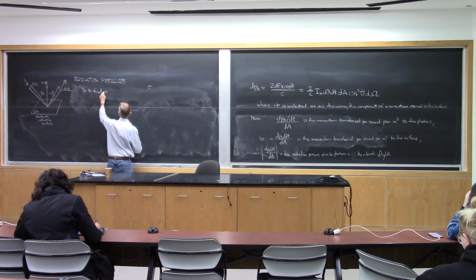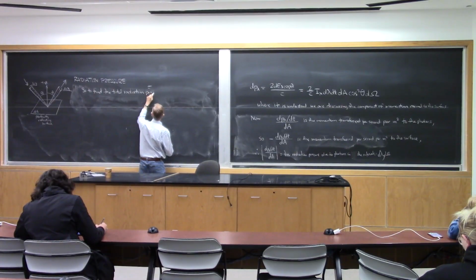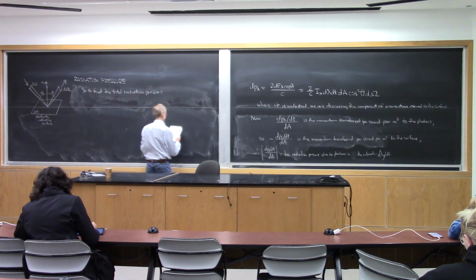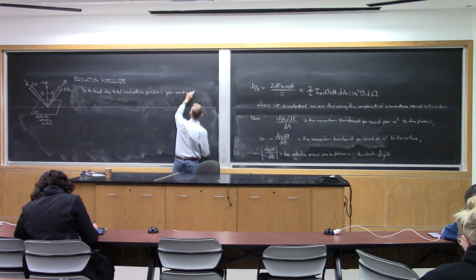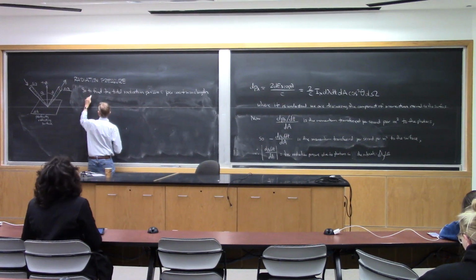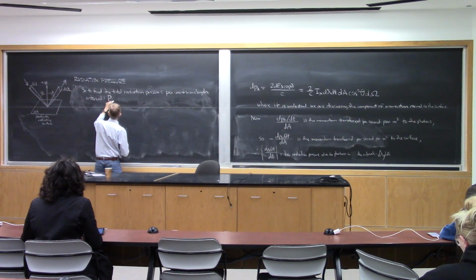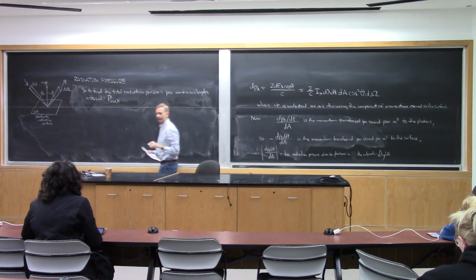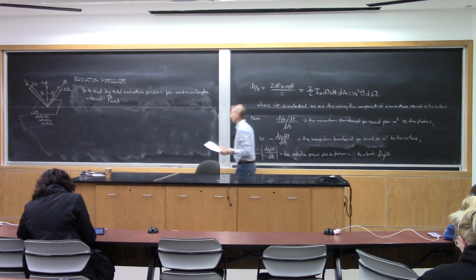So to find the total radiation pressure per unit wavelength interval, which we'll call P sub rad comma lambda, and then to get the total radiation pressure, we would also have to integrate over wavelength as well.